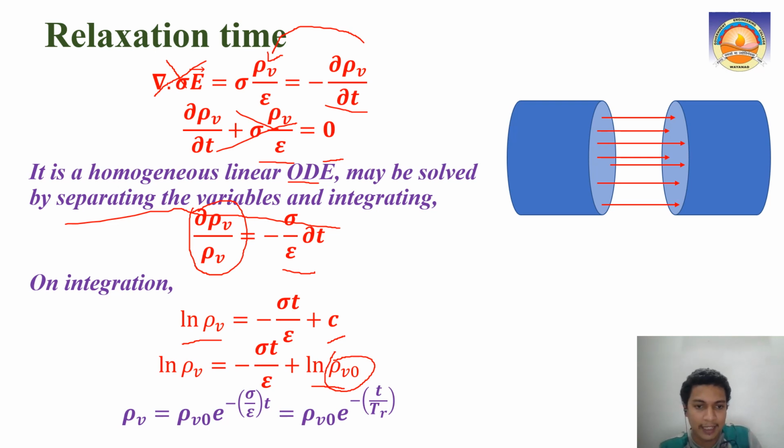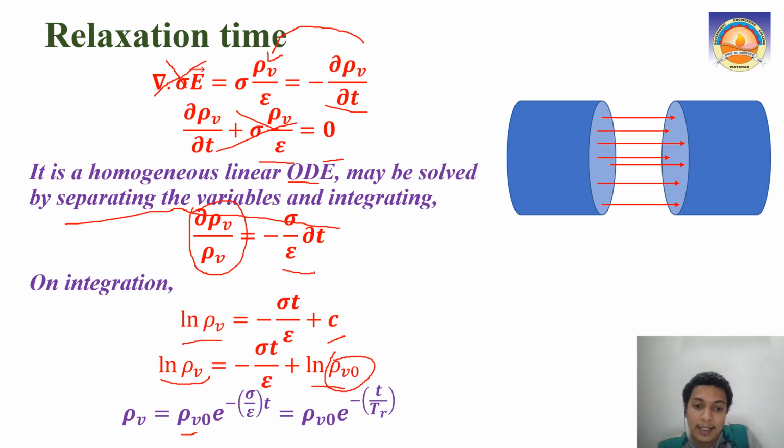Right? Ln of rho V will give you rho V, ln of rho V0 will give you rho V0. Then when we take the exponential of minus sigma t by epsilon, it will be the same, e raised to minus sigma by epsilon into t, right?